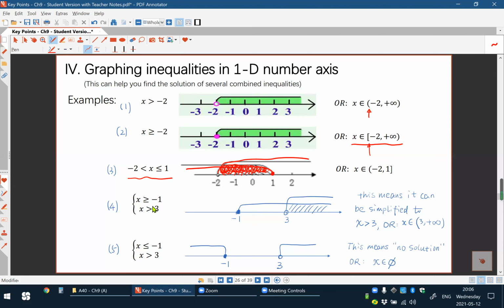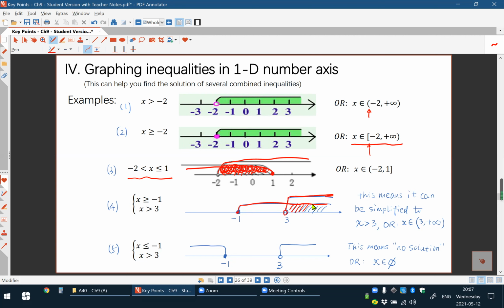Okay, the fourth. If we have a combination, x is greater than or equal to -1, and x is above 3. Okay, if we draw this on the number line, we can see that x greater than or equal to -1 is here, right? And x greater than 3 is here. What is the intersecting part? What is the overlapped part?